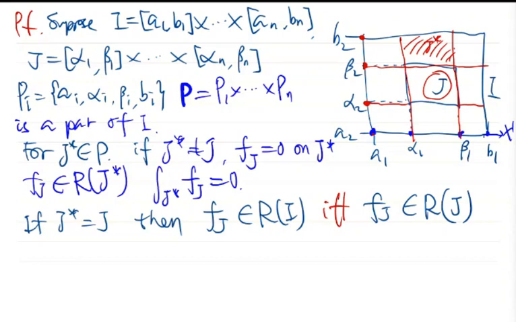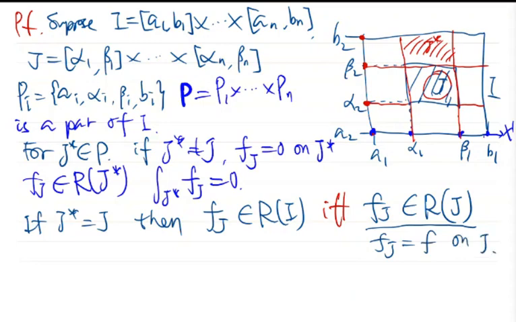But now we know that fJ is automatically integrable over all the subrectangles except the rectangle J. So this means that fJ is integrable over I if and only if fJ is integrable over J. But in the rectangle J, fJ is precisely f.